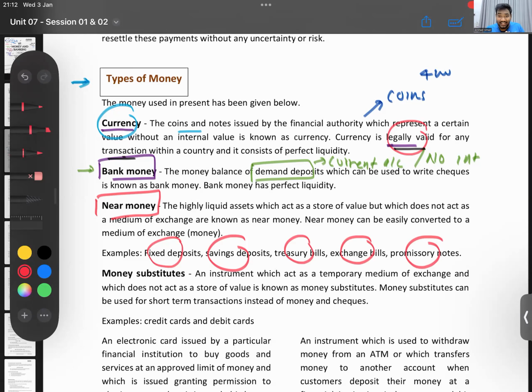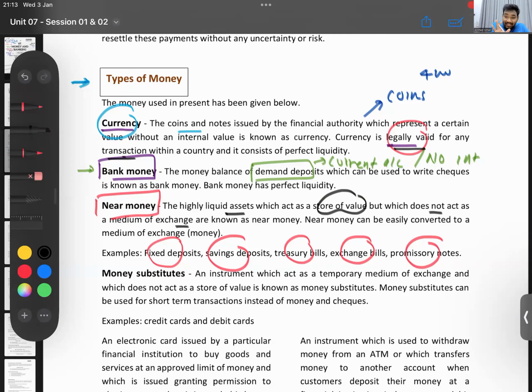This is money that you can easily convert into cash. Your savings account balance, tomorrow you can go to your ATM, put in the ATM card and take some money. You can easily convert that money into cash. That's what you call near money: highly liquid assets which act as a store of value but do not act as a medium of exchange. Can you go to Cargill's and say, I will pay with my fixed deposit? You can't.